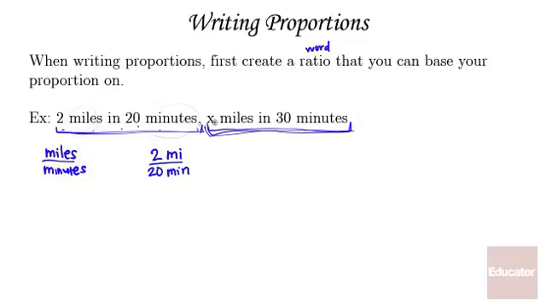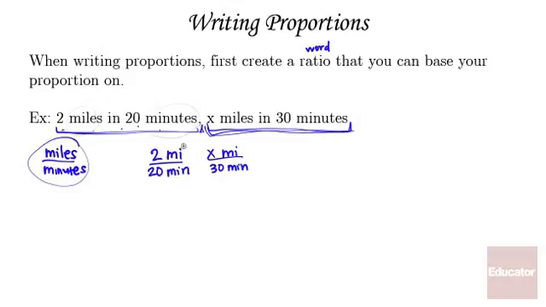So again, the miles are going to go on the top, right? Because that's what I set. That's my word ratio. So then it's going to be x miles over 30 minutes. That's minutes, so that's going to go on the bottom. As long as I keep all the miles on the top and all the minutes on the bottom, I can create my proportion.